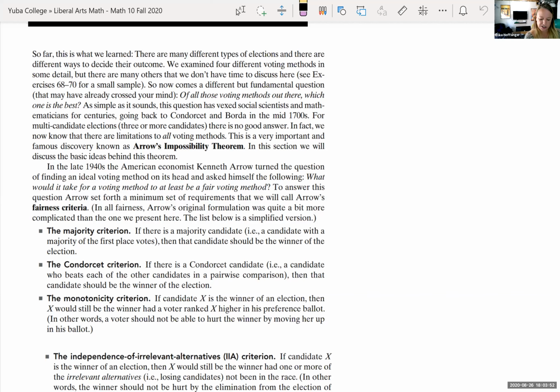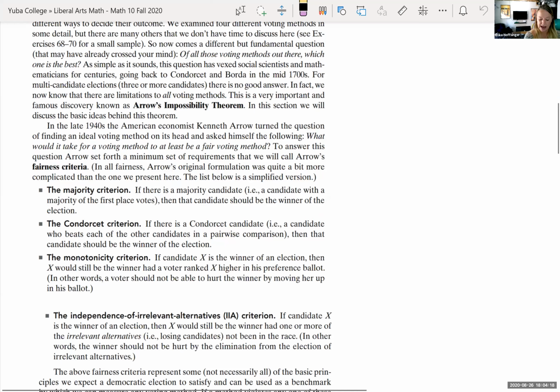To answer this question, Arrow set forth a minimum set of requirements that we call Arrow's fairness criteria. In all fairness, Arrow's original formulation was quite a bit more complicated than the one we're presenting right now, and this list below is a simplified version. But he said if a voting method meets the fairness criteria, this is what has to happen.